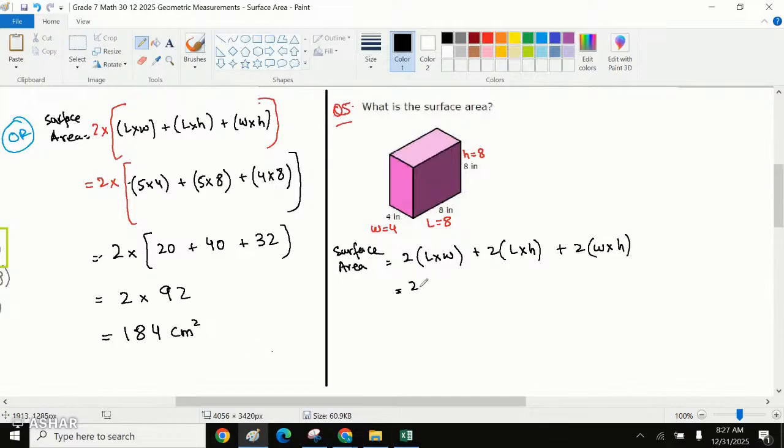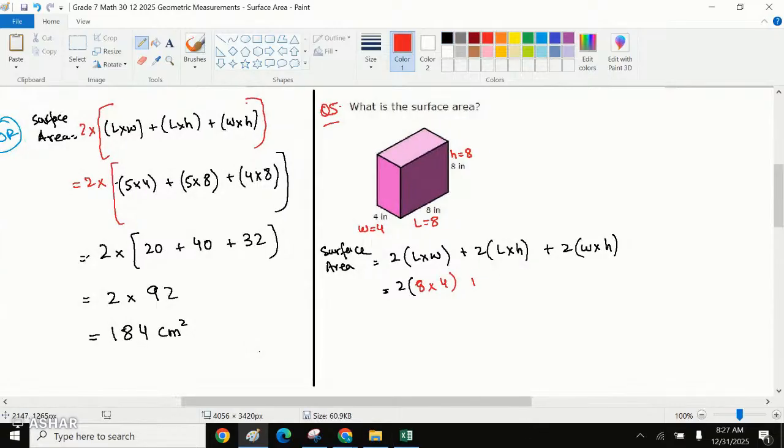The length was 8 and the width was 4. Agreed? Plus twice of the length 8 and the height 8, plus twice of width 4 and height 8.